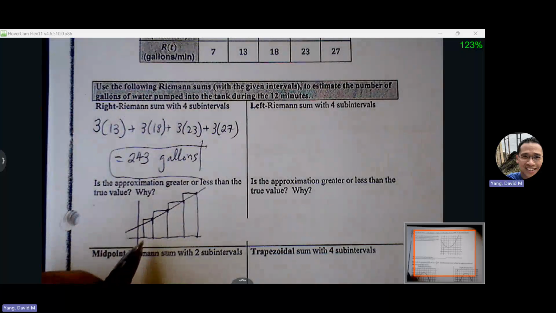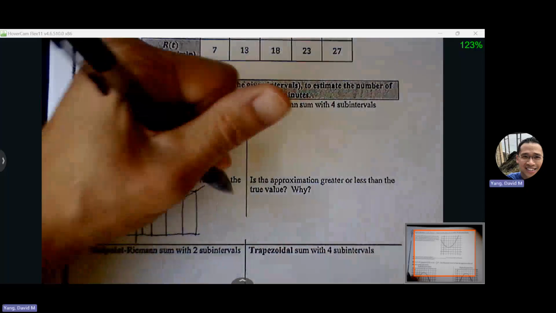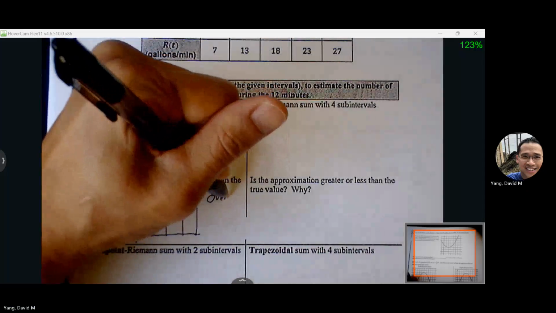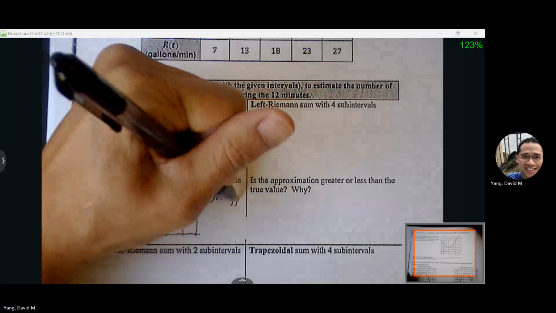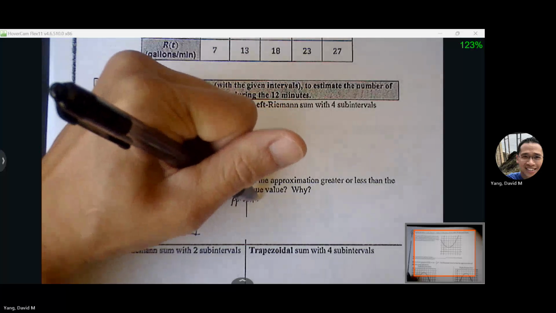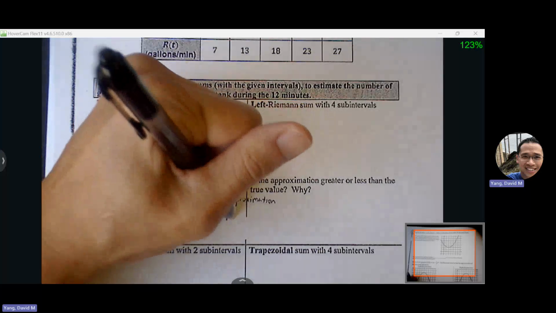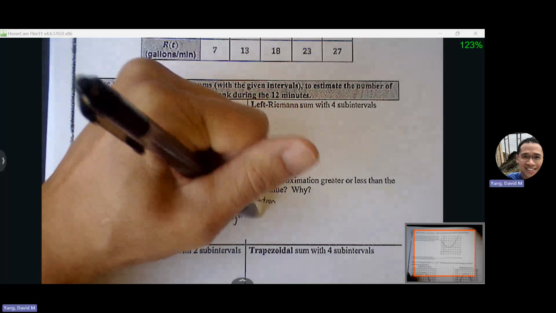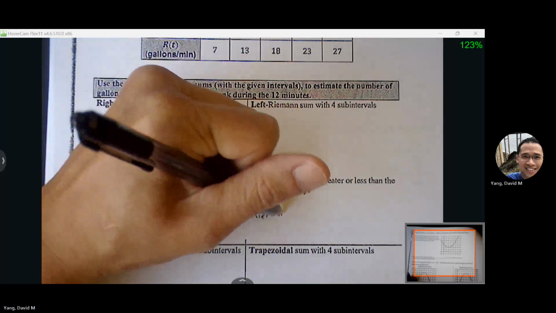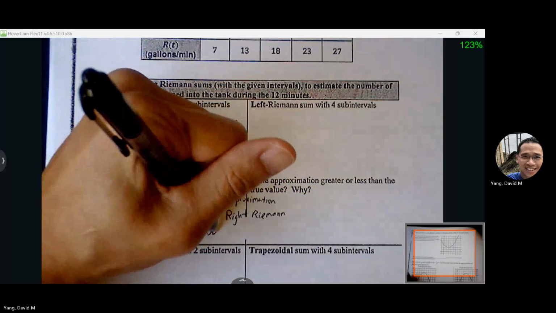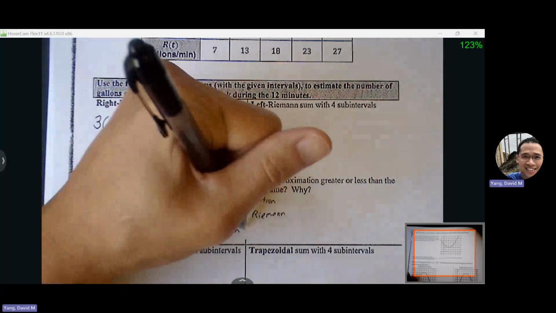So the area of these rectangles will be higher than the actual area. So we can just say over-approximation, because right Riemann sum on an increasing function.